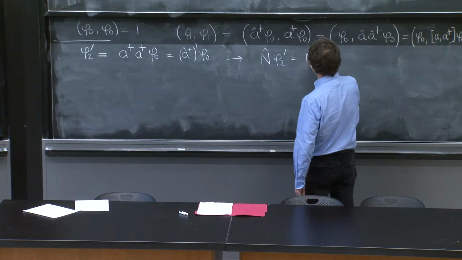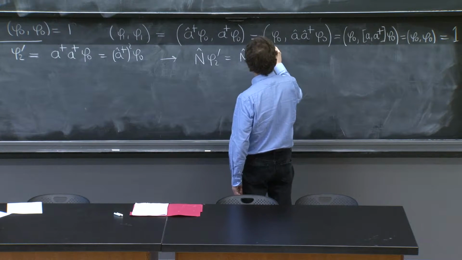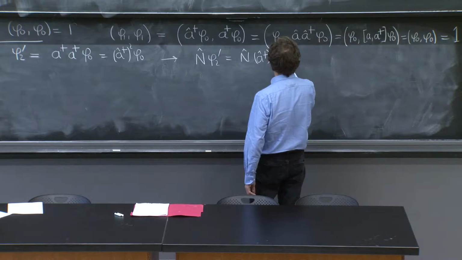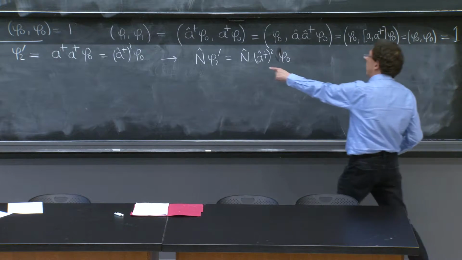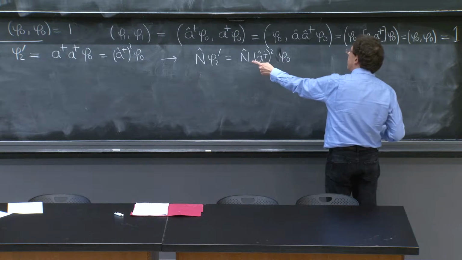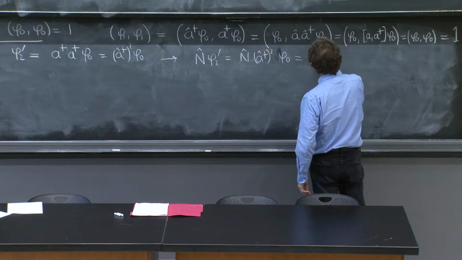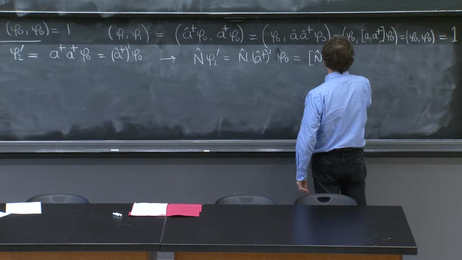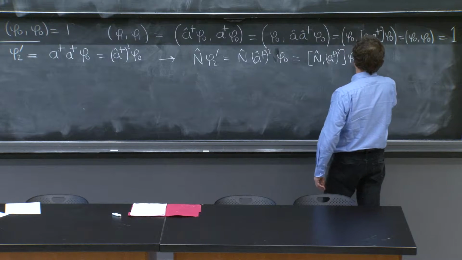Well, I would have n hat on a dagger squared on phi 0. Again, by now you know I should replace this by a commutator because n hat kills the phi 0. So the commutator of n hat with a dagger squared on phi 0.